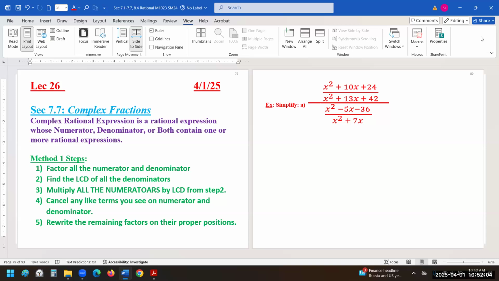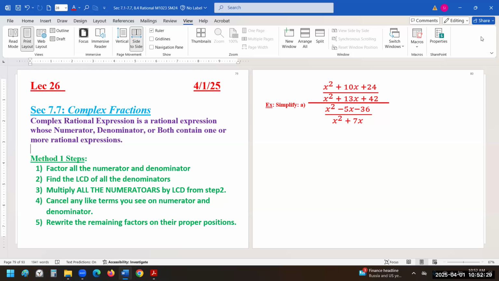In chapter 7, we talked about rationals. We learned how to simplify rationals, find the domain, multiply them, divide them, add them, subtract them, and the real life application. Now we are going to do something called a complex fraction, a complex rational.